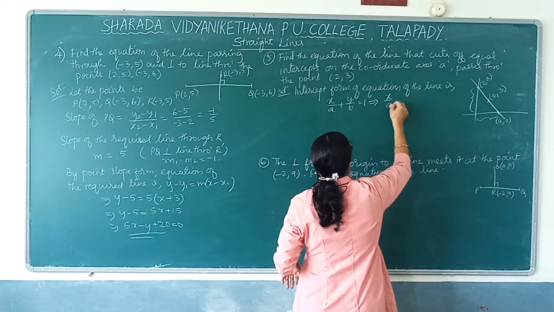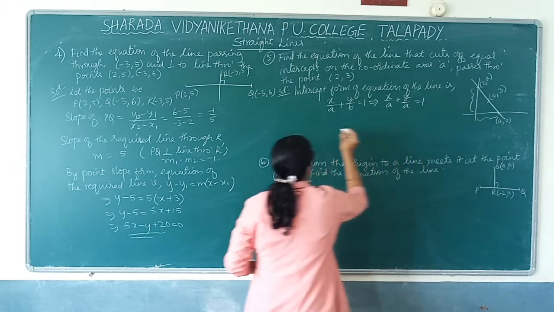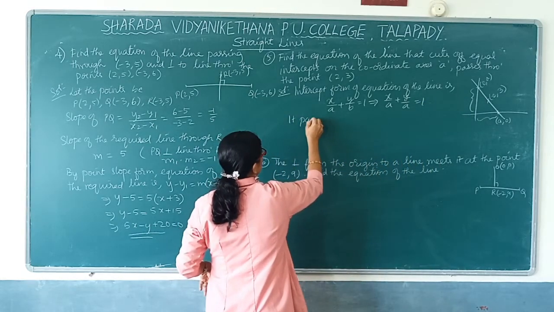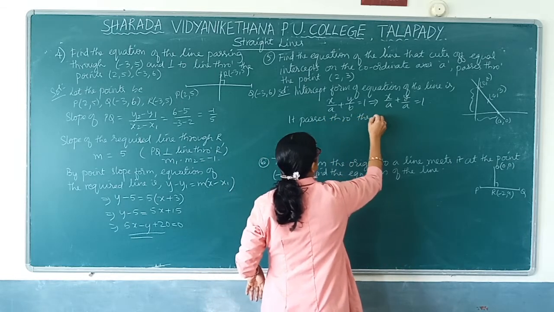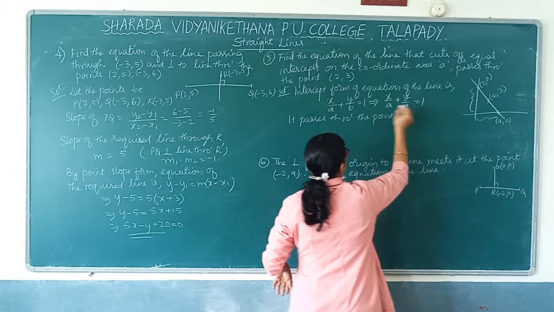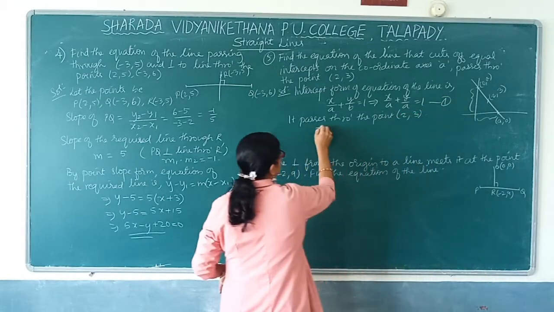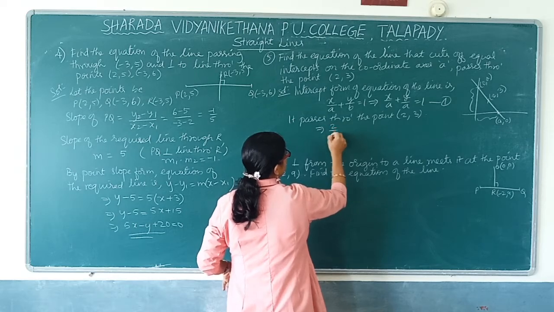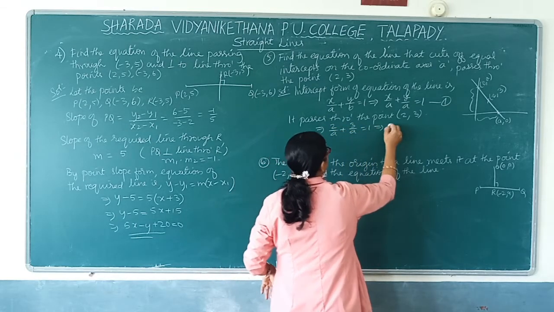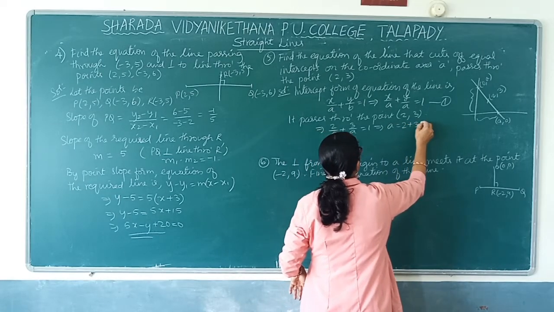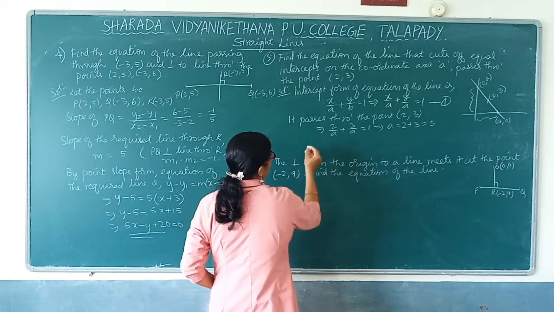So x by a plus y by a is equal to 1. This is equation number 1. It passes through the point 2, 3. So substitute the x and y values. So 2 by a plus 3 by a is equal to 1. This implies a is equal to 2 plus 3, which is 5. So a is equal to 5.